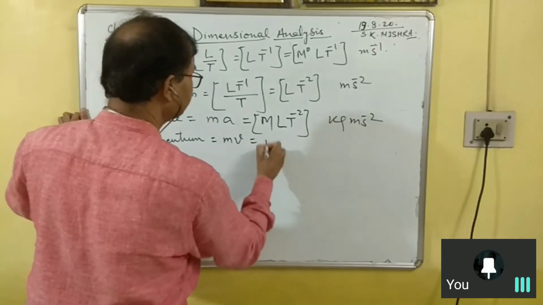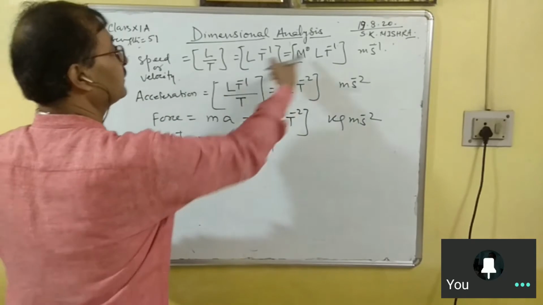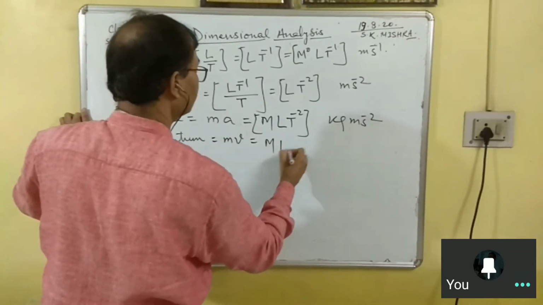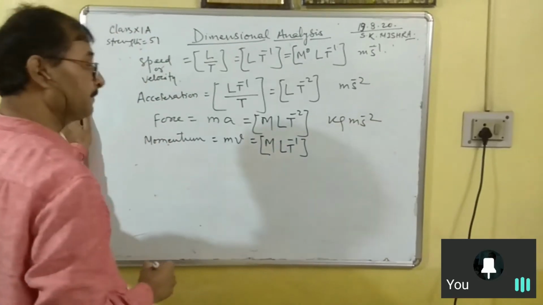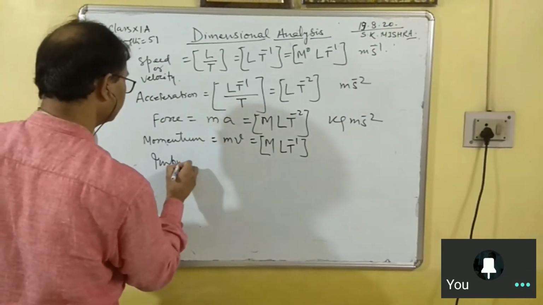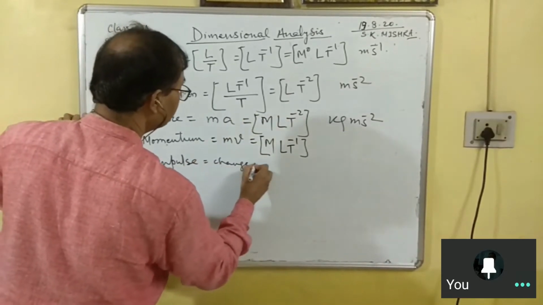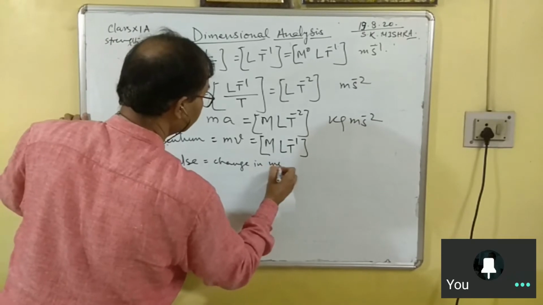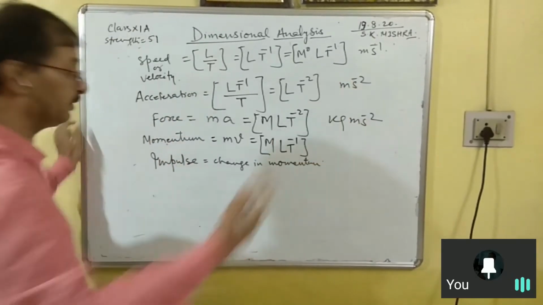So mass is capital M and V means velocity, which is L T minus 1. M L T minus 1 is the dimensional formula of momentum. Once you know the momentum, another term is impulse. Impulse is nothing but change in momentum.